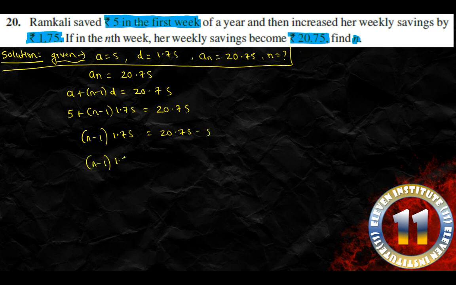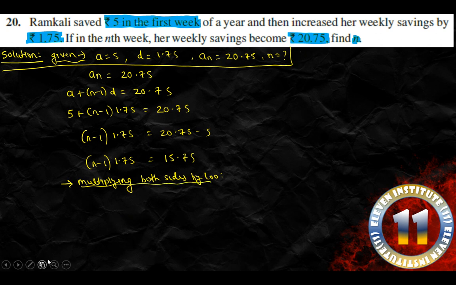So n minus 1 into 1.75. Now if I subtract 5, what I get over here is 15.75. We can see two decimals over here and two decimals over here. So we will multiply both the sides by 100.